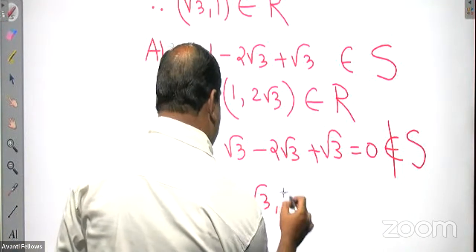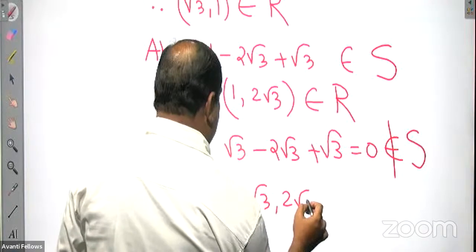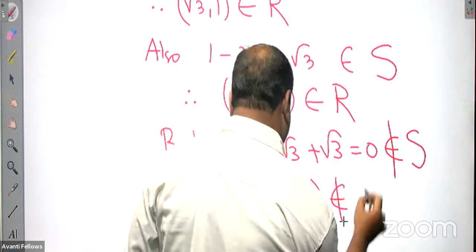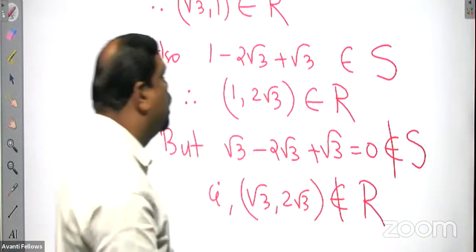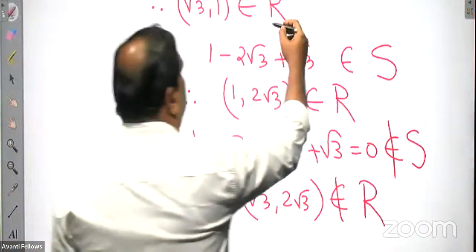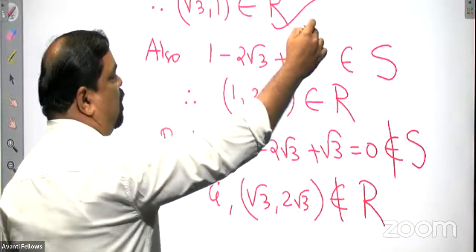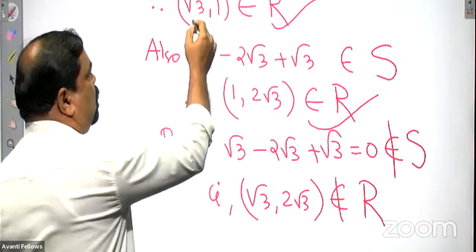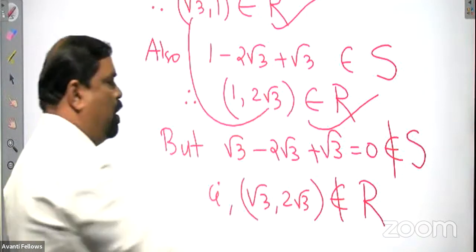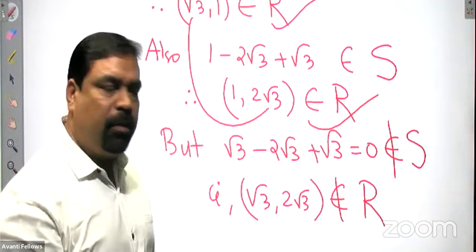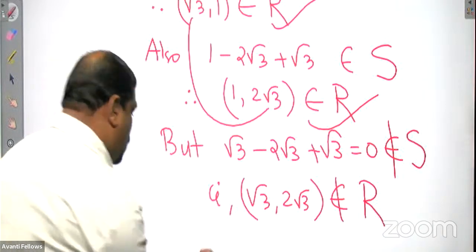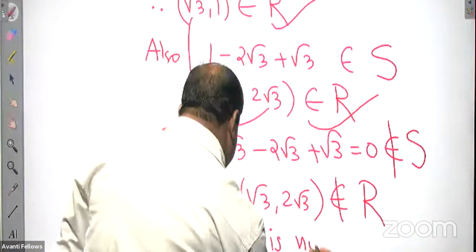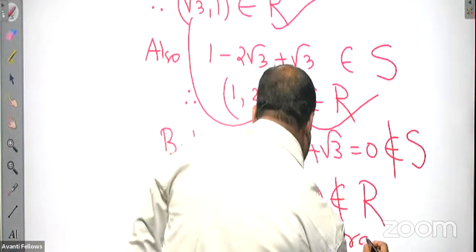(Root 3, 1) is in the relation, then (1, 2 root 3) is also in the relation, but (root 3, 2 root 3) is not in the relation. So we can conclude that this relation is not transitive.